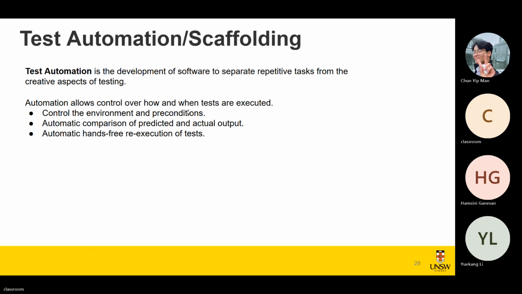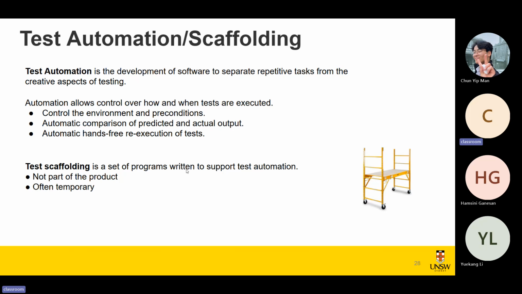Automation controls how and when these test cases are executed. It takes care of the environment and preconditions of running the program, can automatically compare the results to check whether there's an error or not, and can also automatically re-execute failed test cases.